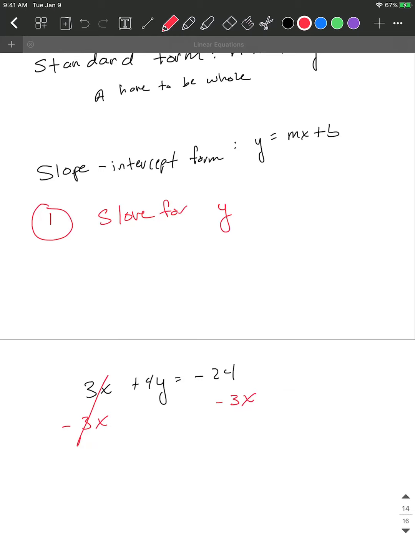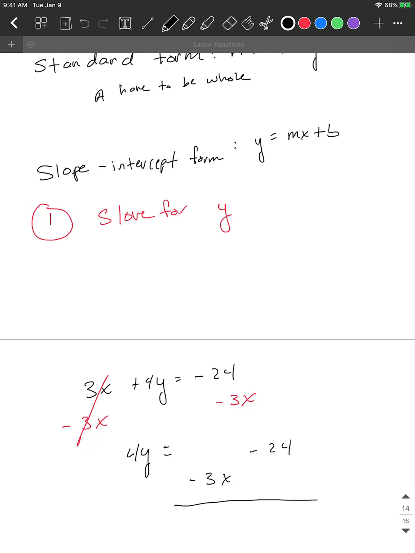But when it comes to this negative 24 and negative 3x, some people will tell us, oh, well, that's negative 27x. But remember, this doesn't have an x, the other one does have an x, so you've got to remember to keep your variables separated. I write it like this, but if you feel more comfortable, you can also write it as negative 3x minus 24.